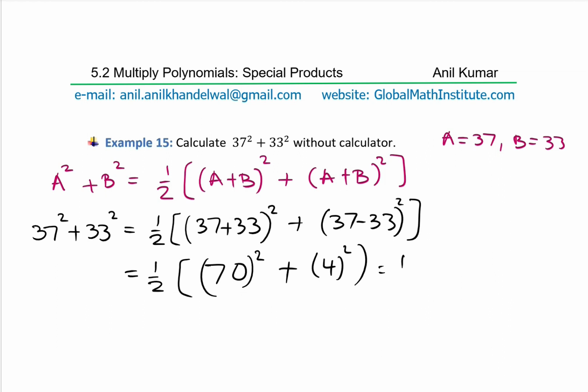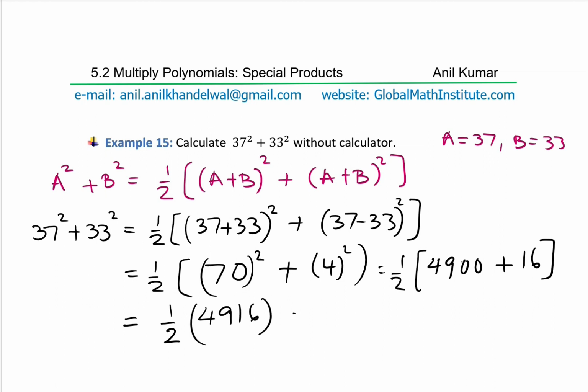Now you could do half of 7 square is 49, so you get 49 and 2 zeros for this, right? Plus 16, 4 square. Add this up, you get half of 4916, correct? And now you do half of this, dividing by 2, we get 2458. So we get answer 2458.